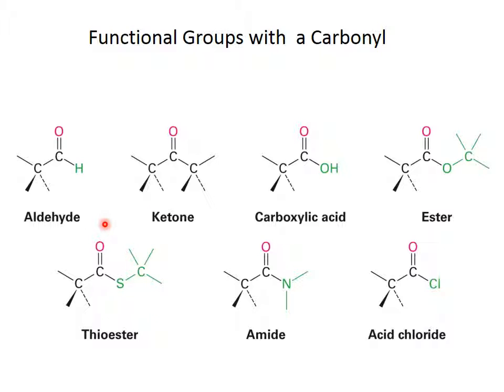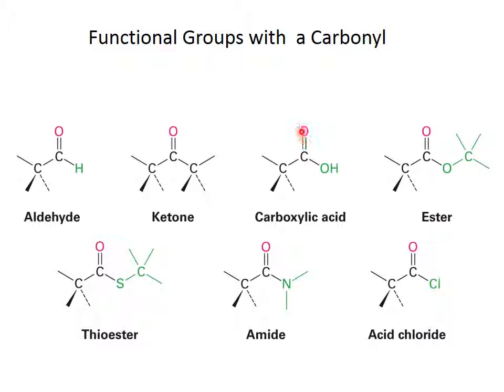Now, to differentiate between them, aldehydes have a carbon-oxygen double bond, and notice there's a hydrogen attached. Ketones have a carbon-oxygen double bond, but on either side there are carbons attached. Carboxylic acids have a carbon-oxygen double bond, but attached to them is what looks like a hydroxyl group.